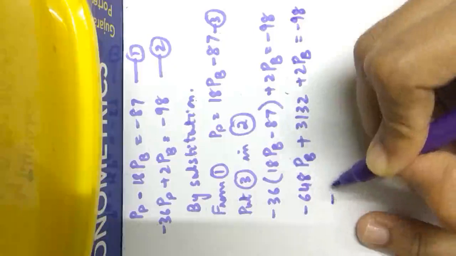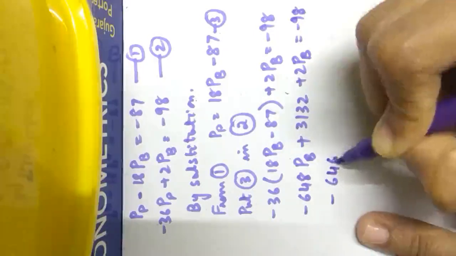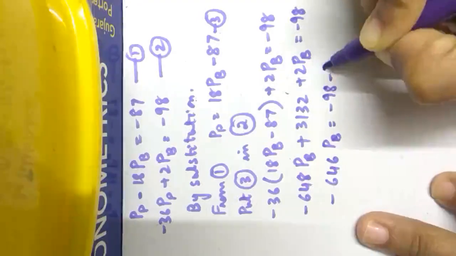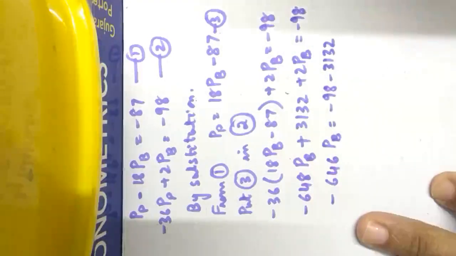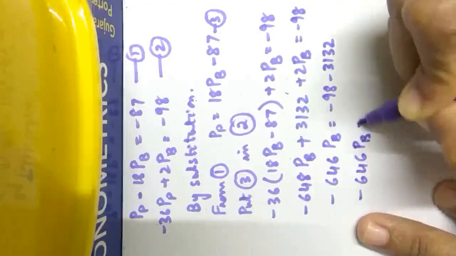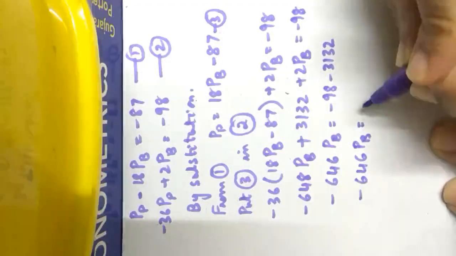So I've got minus 646 PB is equal to minus 98 minus 3132.